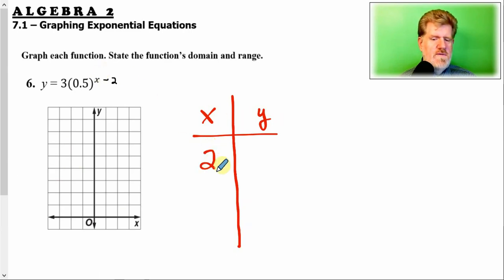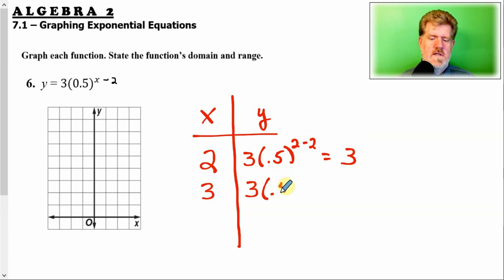Well, if I let x equal 2, I get 2 minus 2. And of course, 2 minus 2 is 0. And 0.5 to the power of 0 is 1. 1 times 3 is 3. So let me move up. If I go up in x, now I've got 3 minus 2.